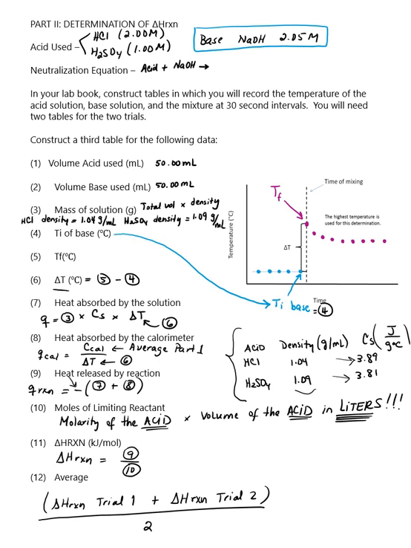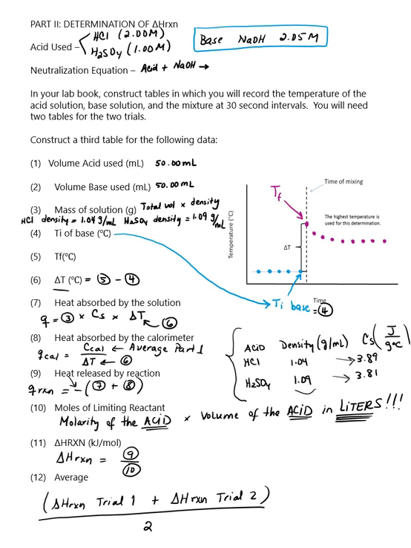So to calculate the moles of the limiting reactant, you have the molarity of the acid. Depending on which acid you're using, you have the molarity on the label, times the volume of the acid that you used in liters. Remember, molarity is moles over liters.